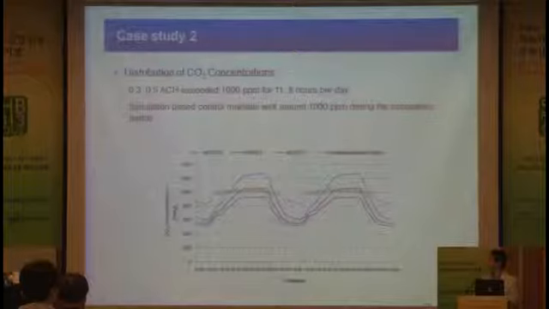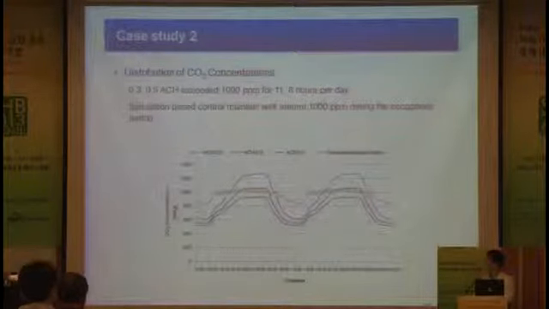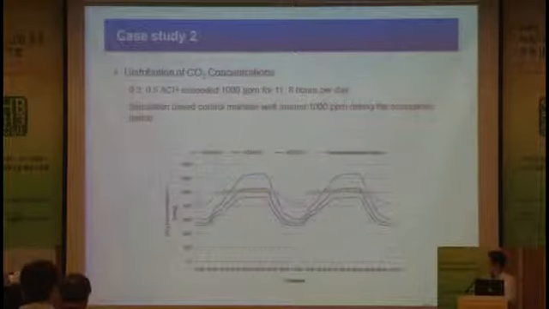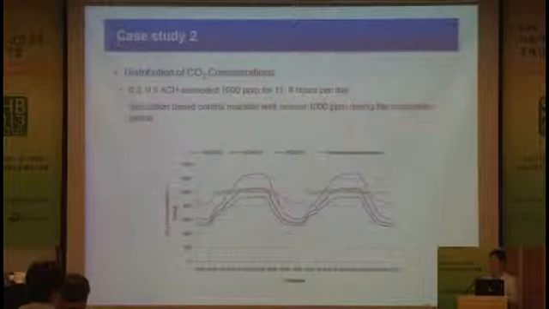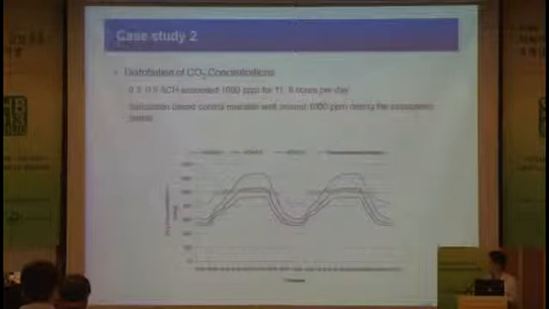So this shows the result of the distribution of CO2. The green line shows the result from simulation-based control, which shows very good maintenance of indoor CO2 levels.